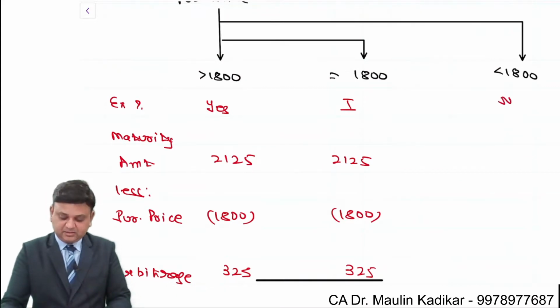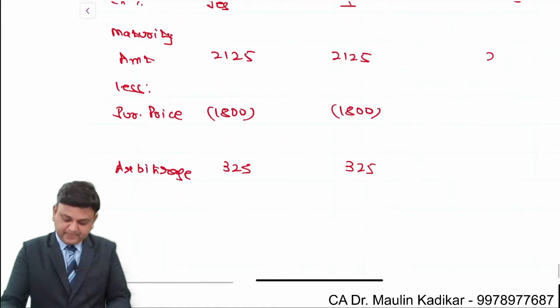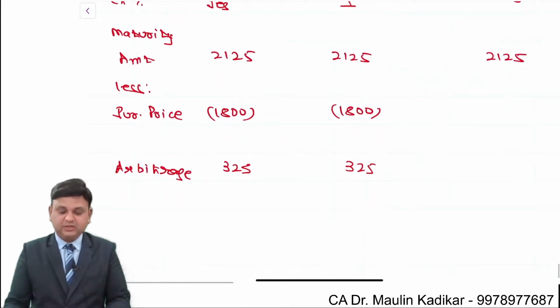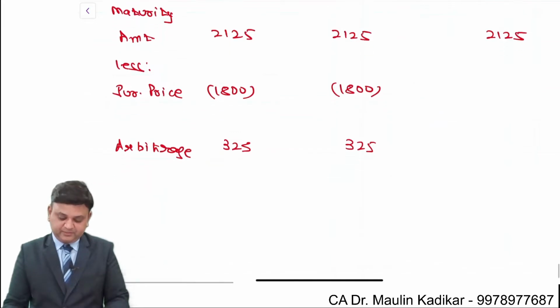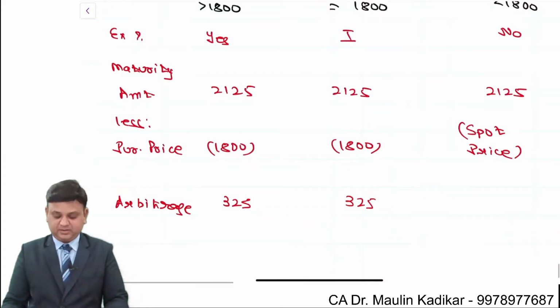Less than 1800, in that, the option will not be exercised. Maturity amount is 2125, purchase price is spot price of the security for the purpose of refunding.